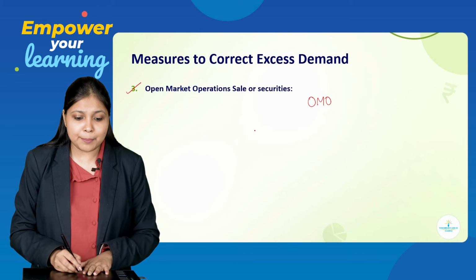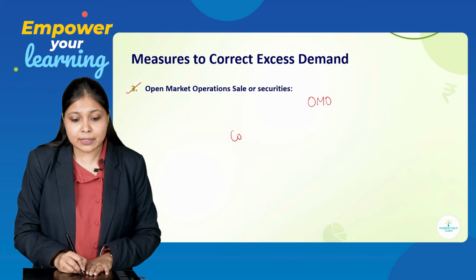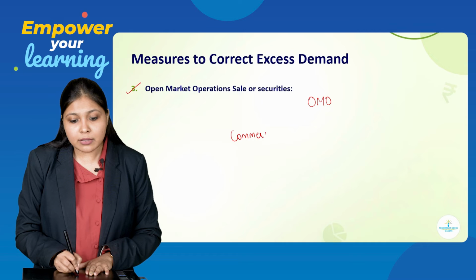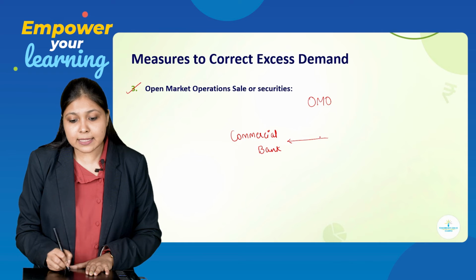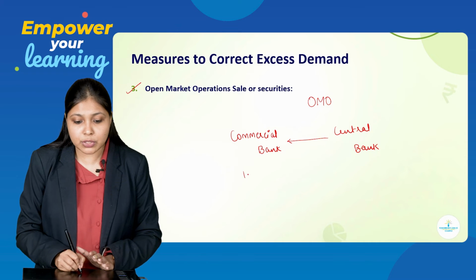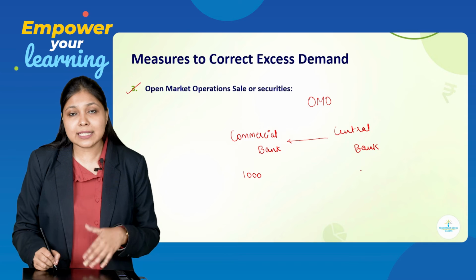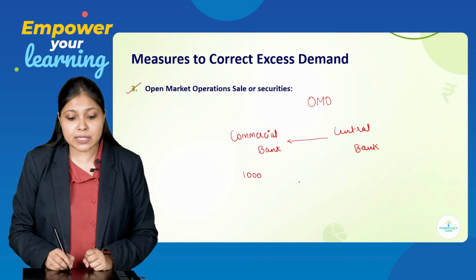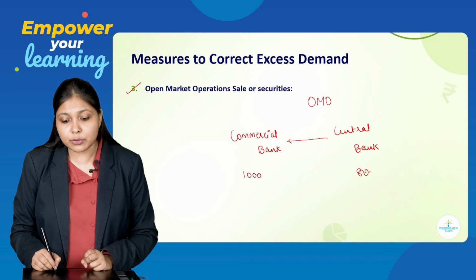For a simple example, just understand what will happen. The commercial bank will be buying securities from the central bank. Say suppose the commercial bank had deposits of 1000 rupees, out of which it is buying securities from the central bank for, say suppose, 800 rupees.